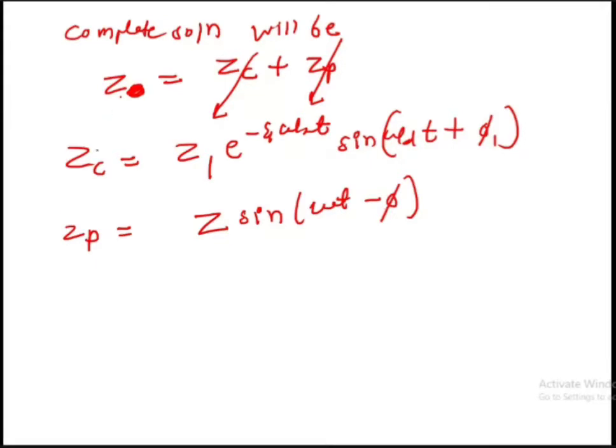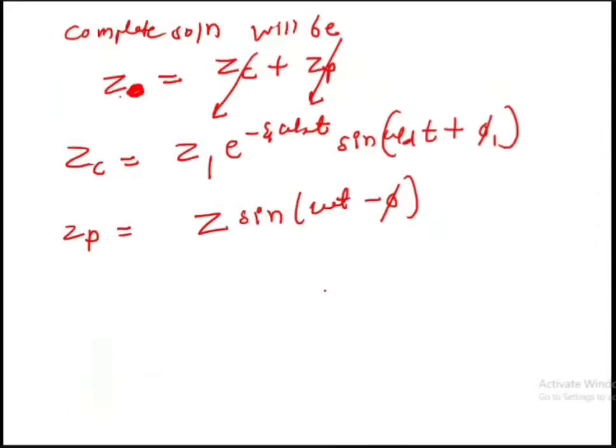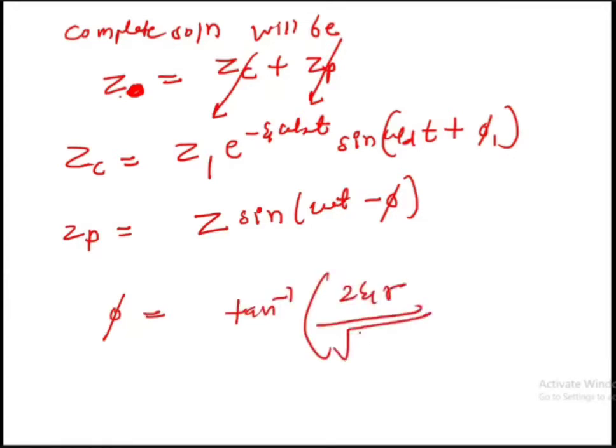So Z equals ZC plus ZP. And what is Z? We have already derived. Z is equal to y into r square upon this. And what is phi? Phi we have already derived, the same: tan inverse of 2 zeta r upon 1 minus r square.